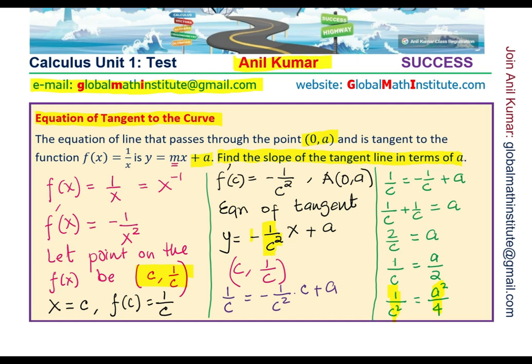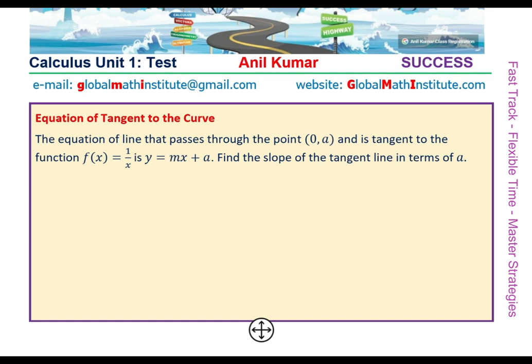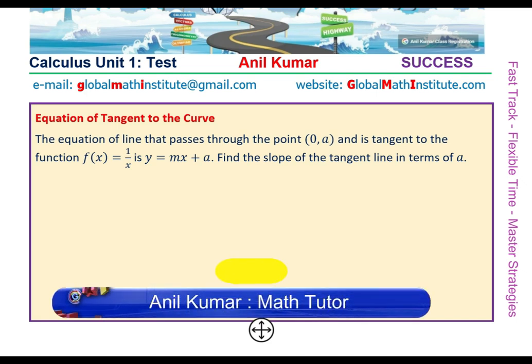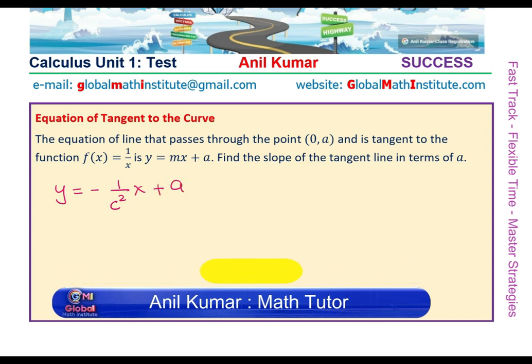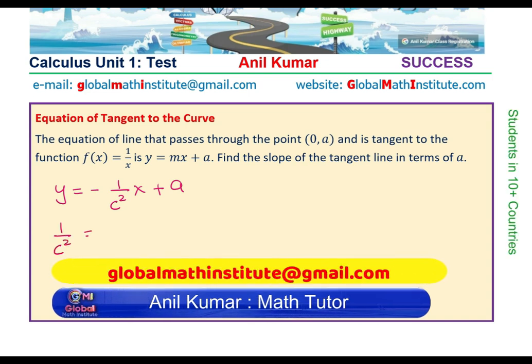Substituting this back into the equation, we get our equation of the tangent line. So I'll just write it on a fresh page now. What we had earlier was the equation y equals minus 1 over c squared x plus a, and we just found that 1 over c squared is basically equal to a squared over 4.